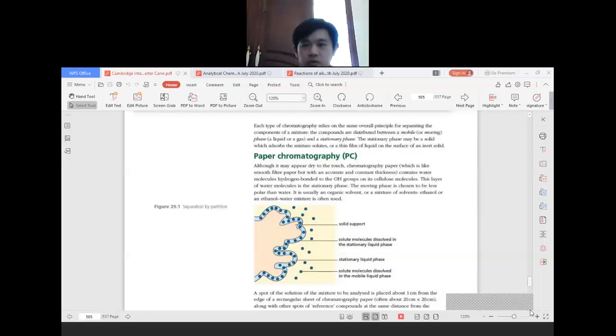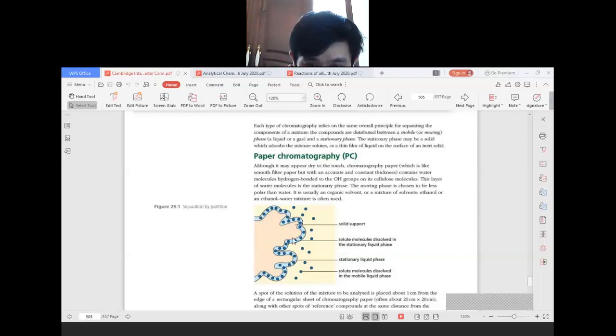Okay, so this is the separation by partition. In chromatography, there is a partition when they are separated. There is a solid support, and then there are solute molecules dissolved in the stationary liquid phase.